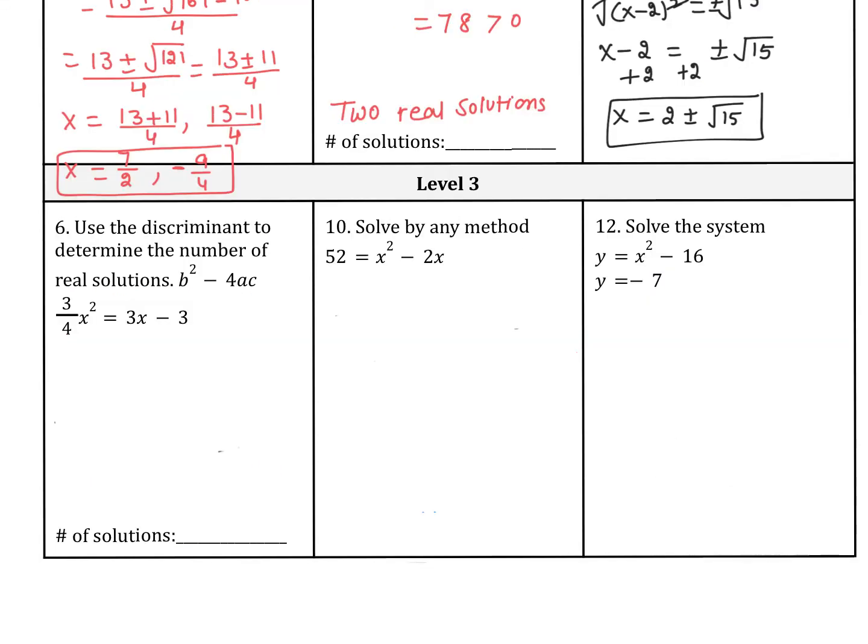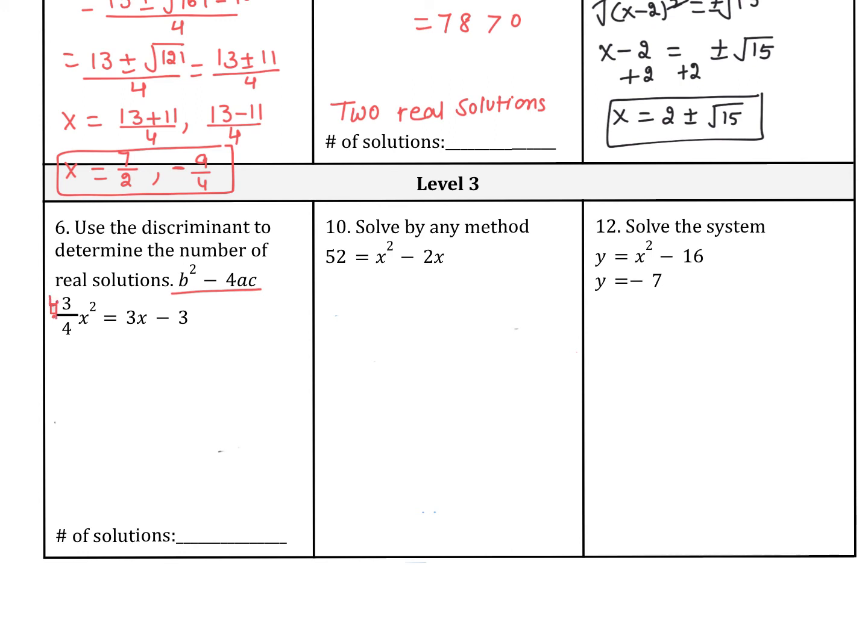For number 6, you're going to use the discriminant formula, that is this formula, but we are going to make this equation into a one-sided equation and remove the 4 by multiplying the 4 with each and every term.